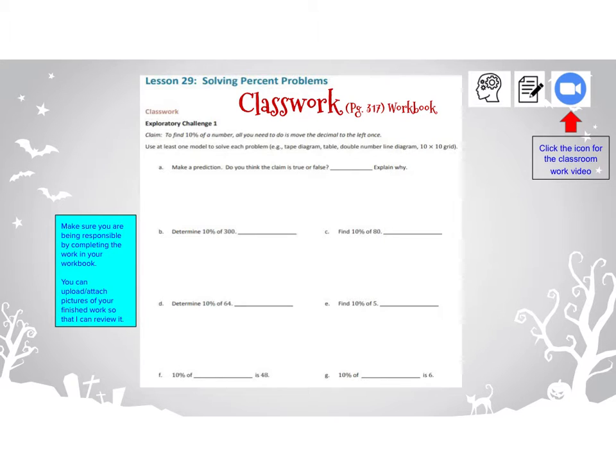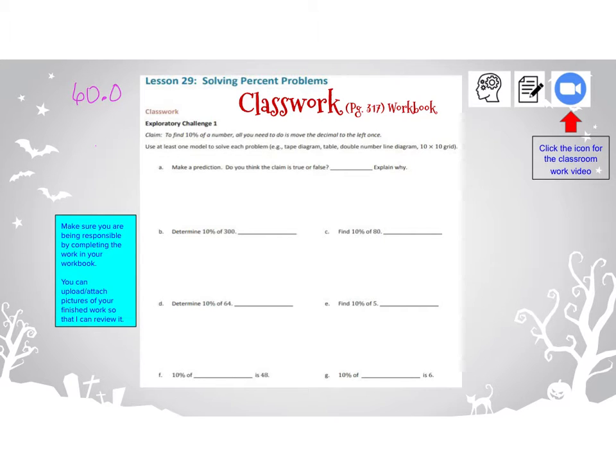It says on the exploratory challenge 1, the claim says to find 10% of a number, all you need to do is move the decimal to the left once. So if we had the number 60, and the decimal for 60 would be over here, right?